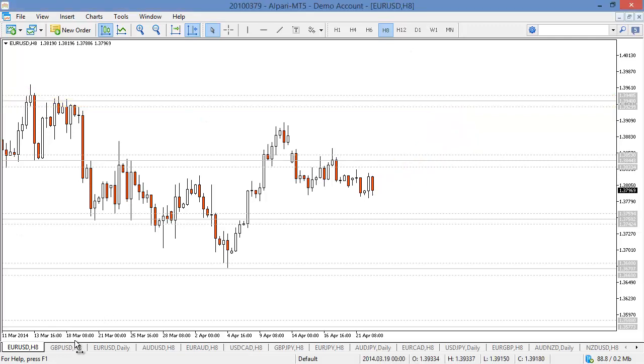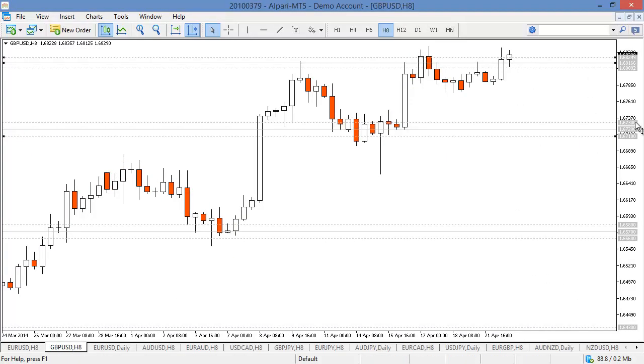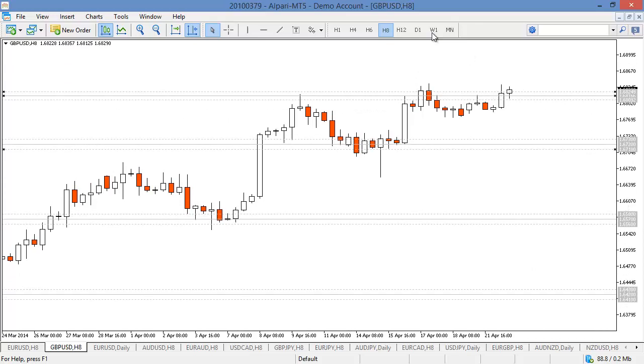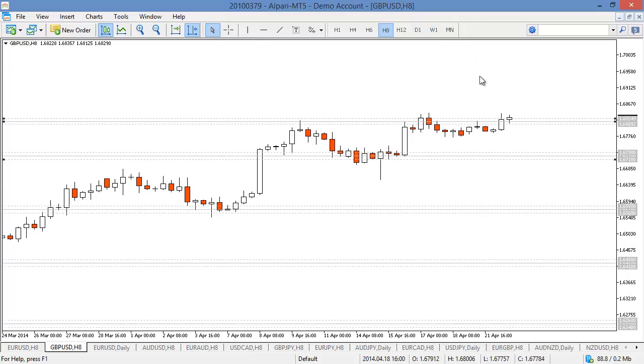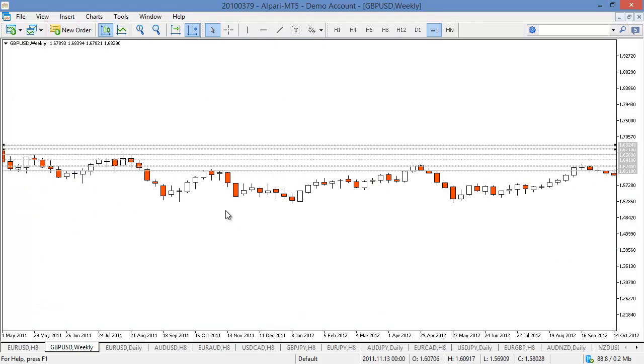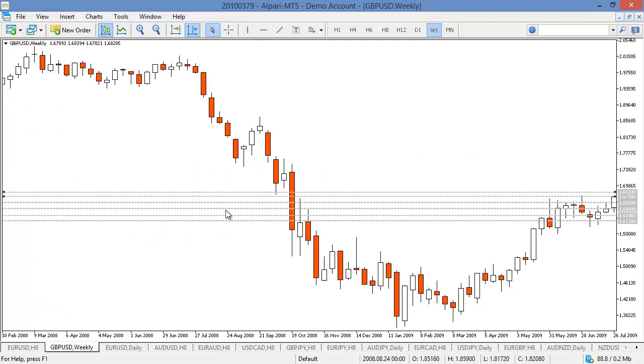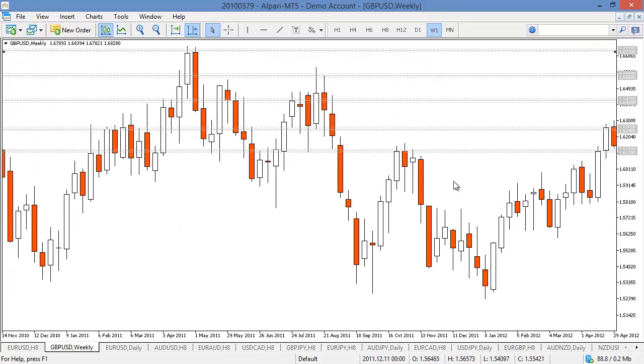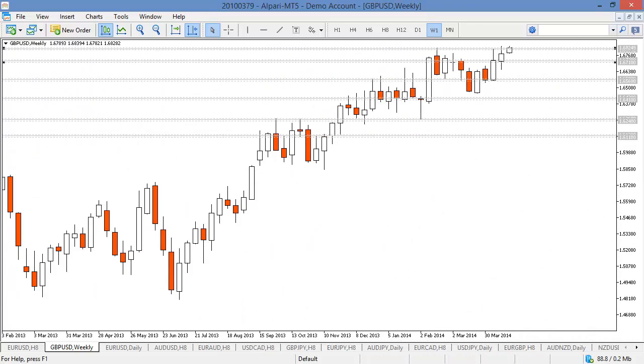Let's check out GBP USD real quick. Okay, we don't really have much resistance areas up here for GBP USD. Let me show you something. GBP USD has not been up in these high areas since around about 2008. So it is pushing up into areas it hasn't seen for quite a long time.